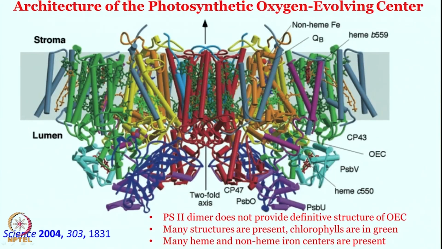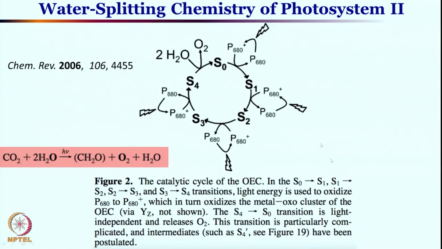Now, the crystal structure of OEC is very complex, as we have discussed in the last class. This structure has many problems, but it can all give rise to a situation where all these steps are happening very happily perhaps.